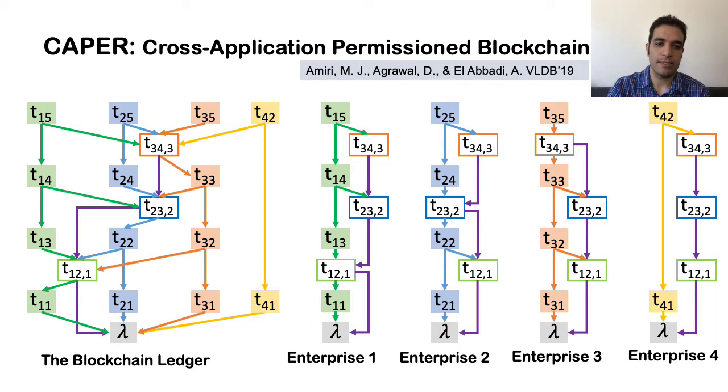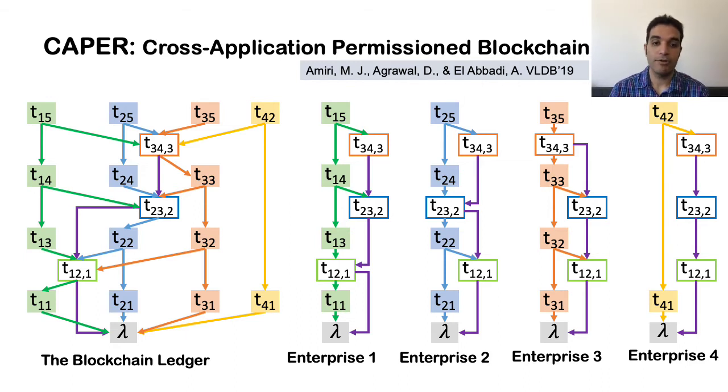So let's say the green enterprise initiated T11, T12-1, T13, T14, and T15. Or the blue one initiated this blue transaction as well as this one. So we have a total order among transactions that are initiated by the same enterprise.